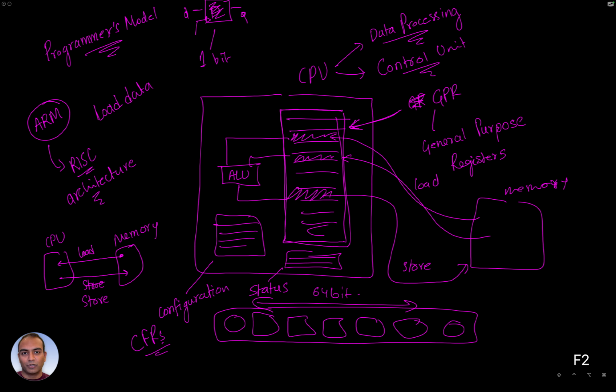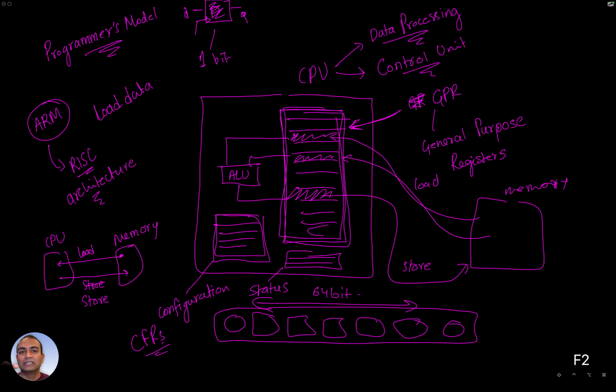Because of the programmer's model. So we are saying that a programmer can imagine a CPU to be just a collection of registers, a few registers to keep unprocessed and processed data, a few registers to set the configuration of the CPU. Configurations can be things like privileges, modes, then execution levels, and so on and so forth. And these are all terms that we'll discuss in future videos.